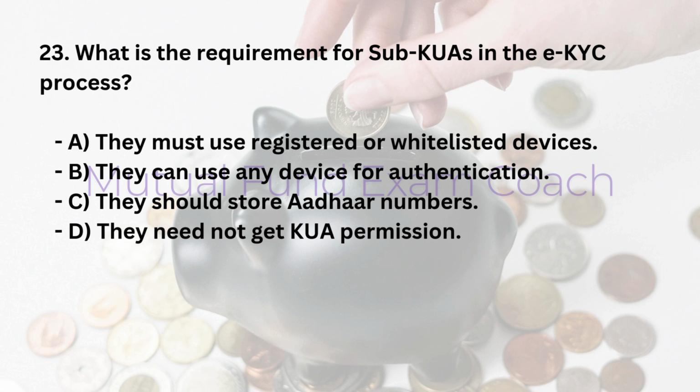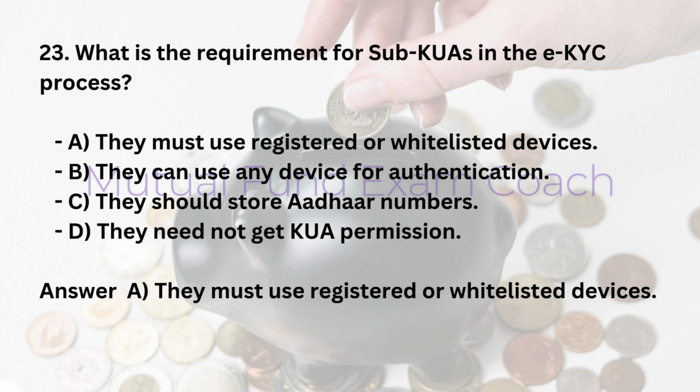23. What is the requirement for sub-KUAs in the eKYC process? A. They must use registered or whitelisted devices. B. They can use any device for authentication. C. They should store Aadhaar numbers. D. They need not get KUA permission. Answer A. They must use registered or whitelisted devices. 24.